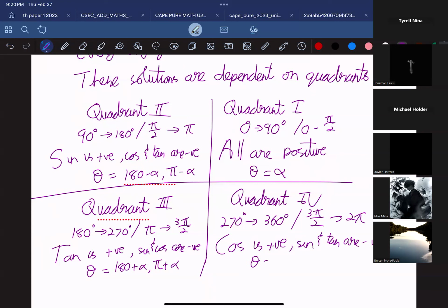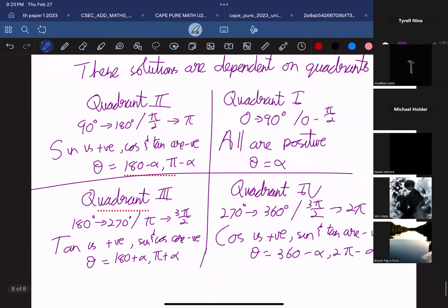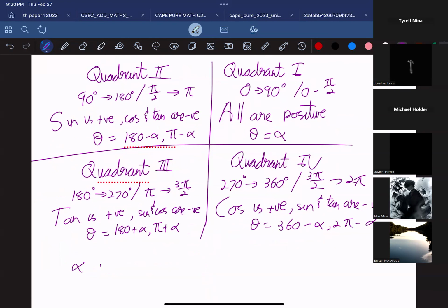And my theta is 360 minus alpha, or 2 pi minus alpha. And alpha is the positive acute angle. Right? And so you just remember it like this, ASTC, whatever you remember it as, go through.